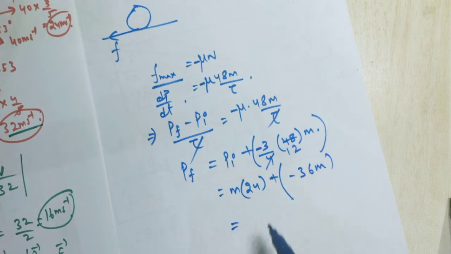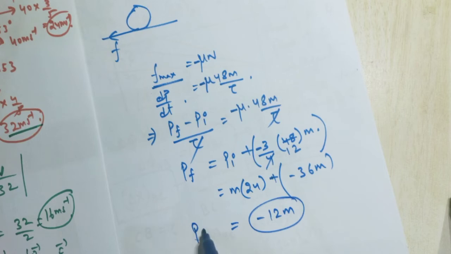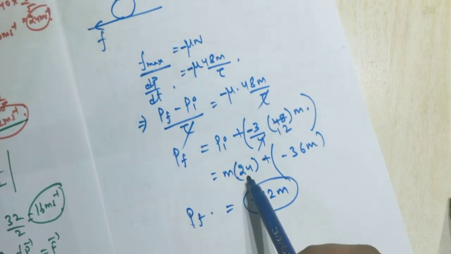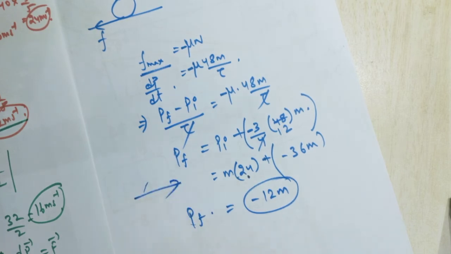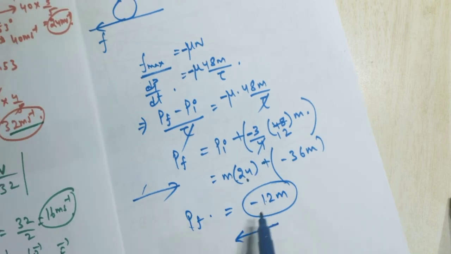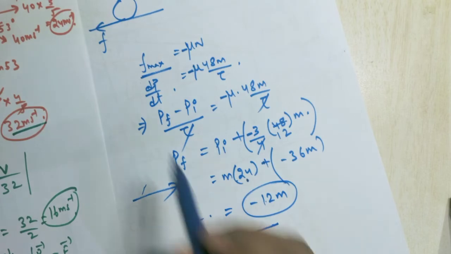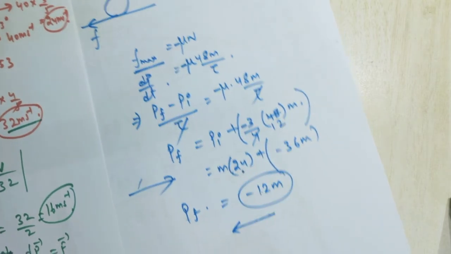This will be equal to minus 12 m. This will be the final momentum. You can see that the initial momentum is 24 m, in the positive direction, whereas the final momentum is in the negative direction.